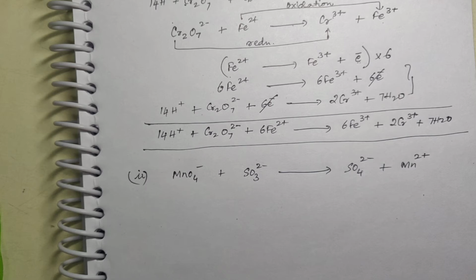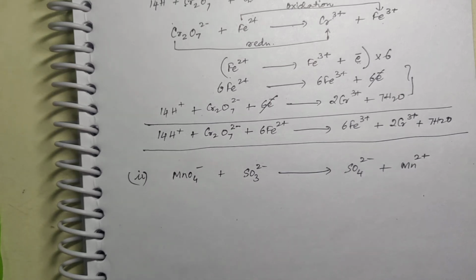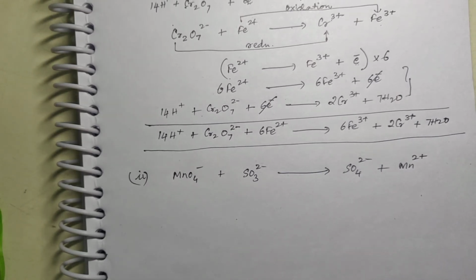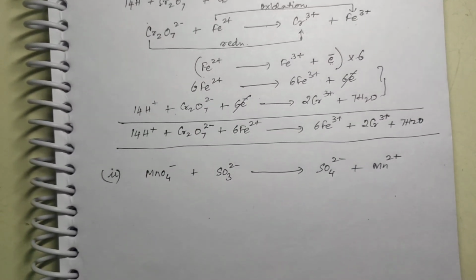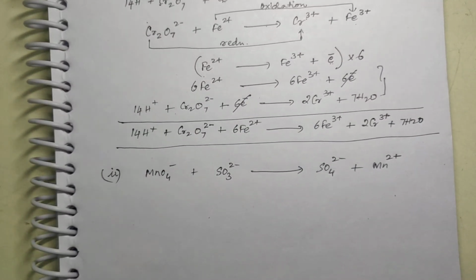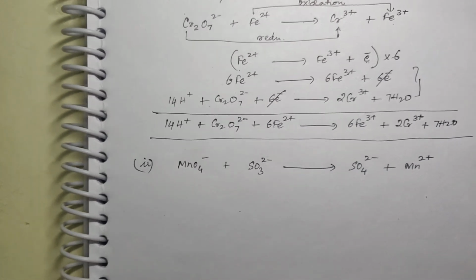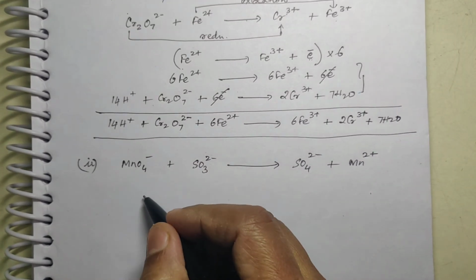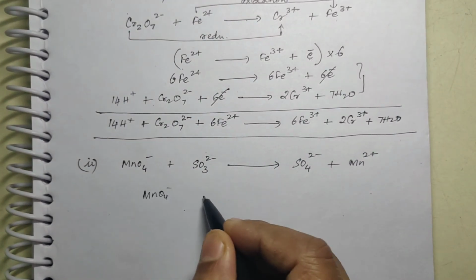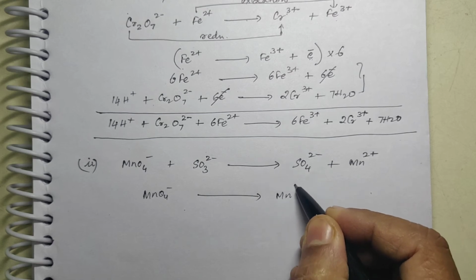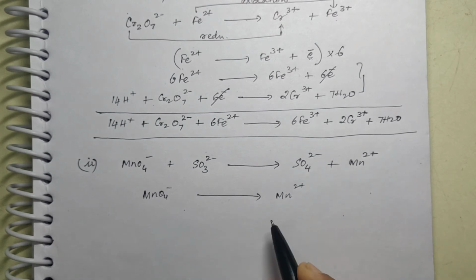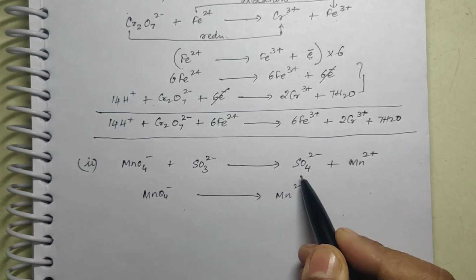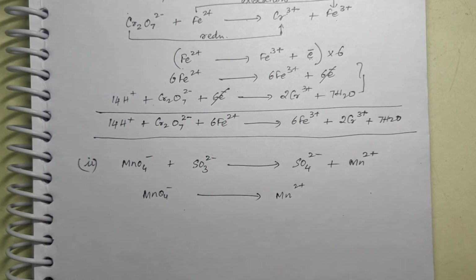Now you can separately balance it. Now how do you balance? MnO4- to Mn2+. First let us balance this, and then we will balance SO3 2- to SO4 2-.